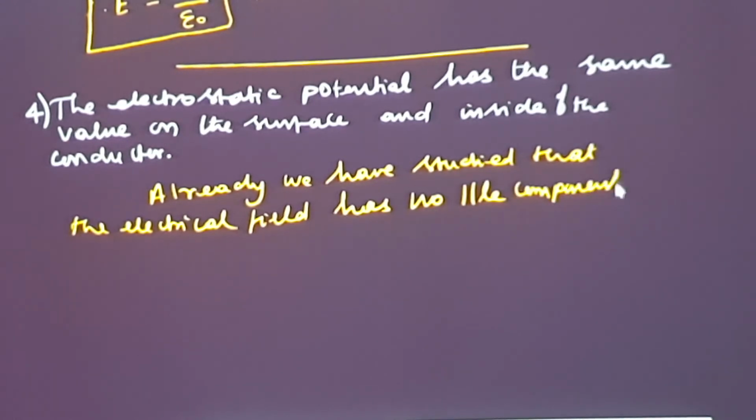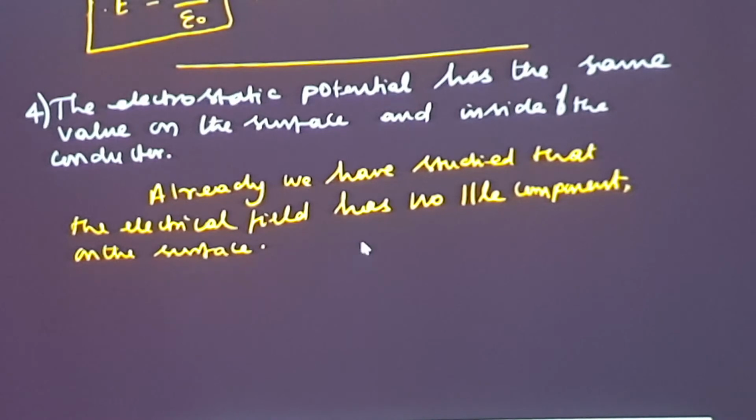If a parallel component is available, then it will disturb the electrostatic equilibrium of the conductors. So only the perpendicular component is available. So we have already studied that the electrical field has no parallel component on the surface. Okay, let us write like this. No parallel component on the surface.